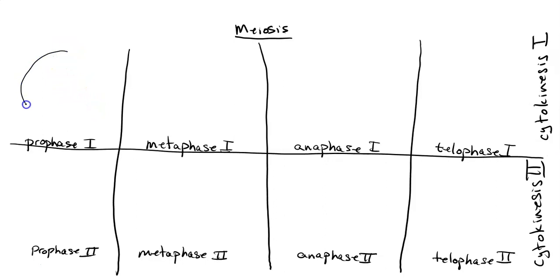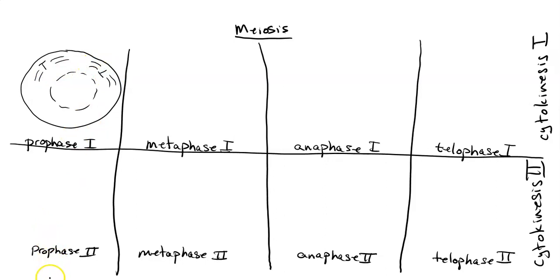In prophase, we have a cell, and that cell has a nuclear membrane that is dissolving. You should write that down. Centrioles that are moving to the poles. You should write that down. Spindle fibers that are forming. You should write that down.